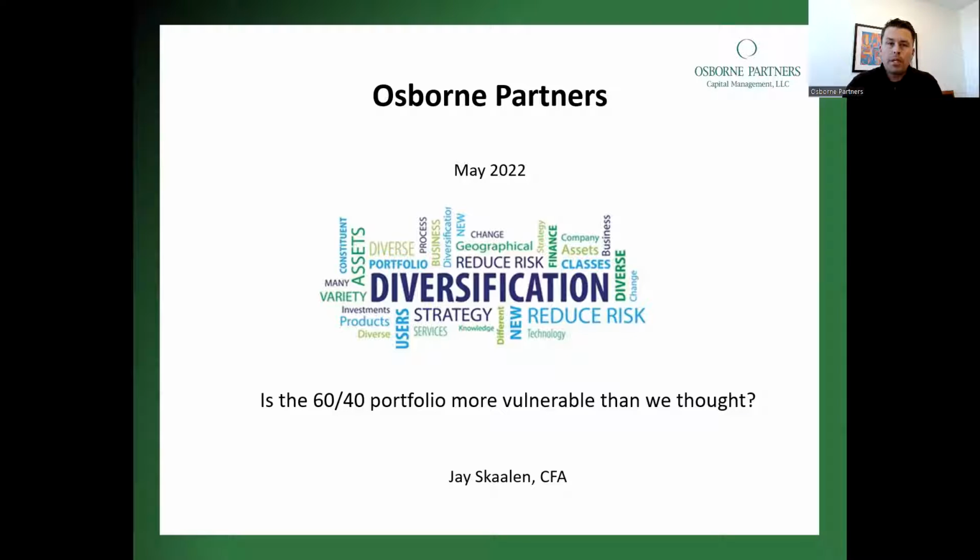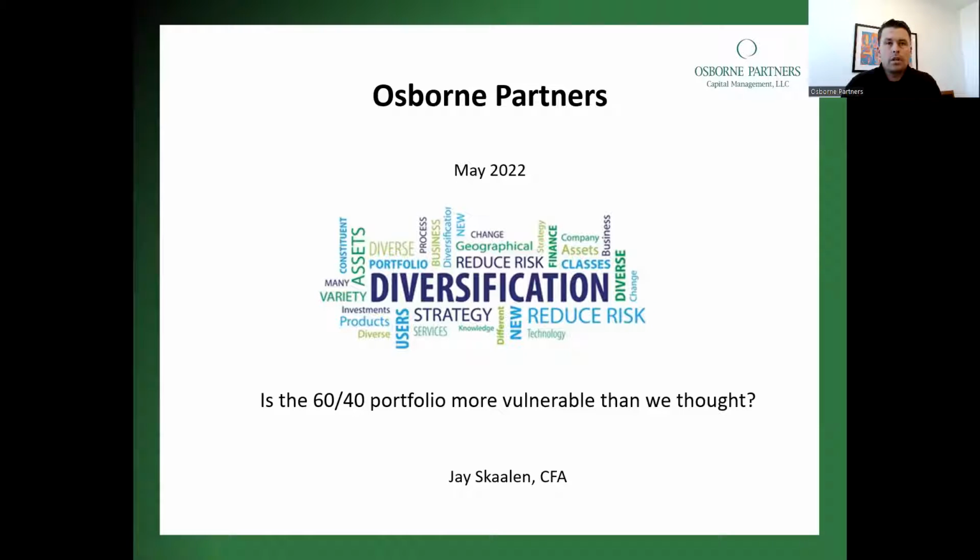And from time to time, we like to reach out and have conversations around pertinent and relevant topics to keep everybody up to date on issues that we are actively discussing internally as an investment team.